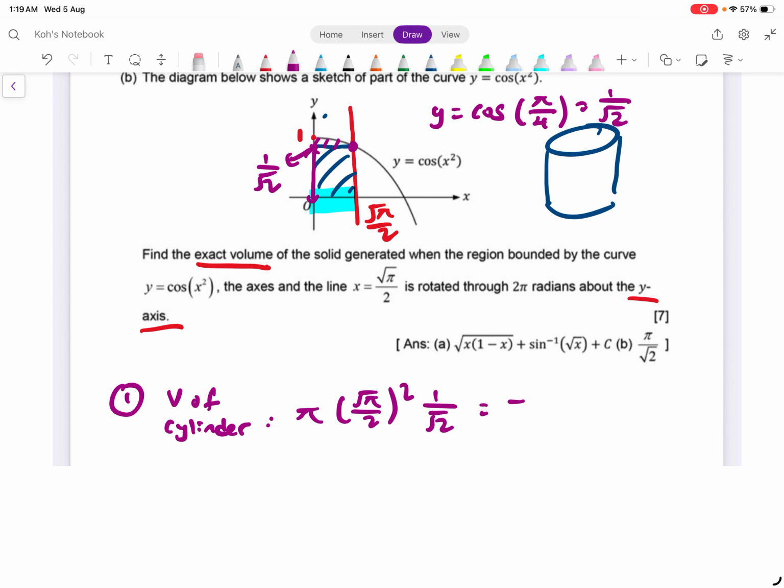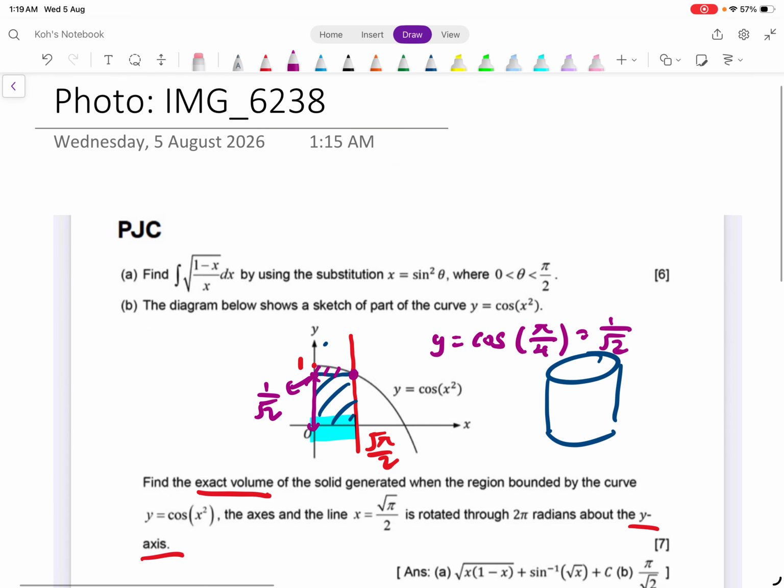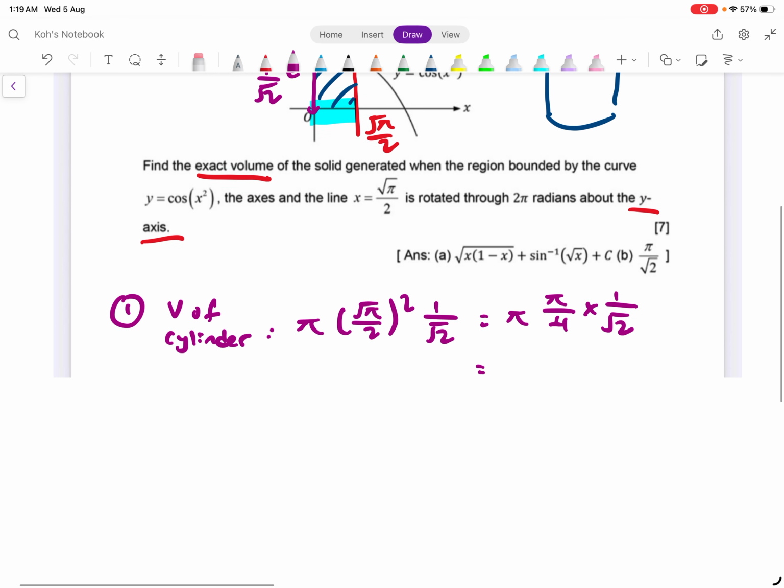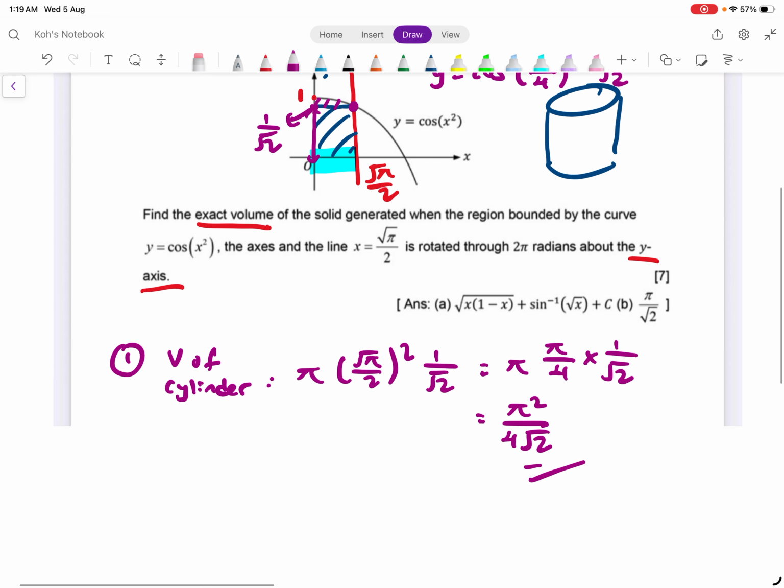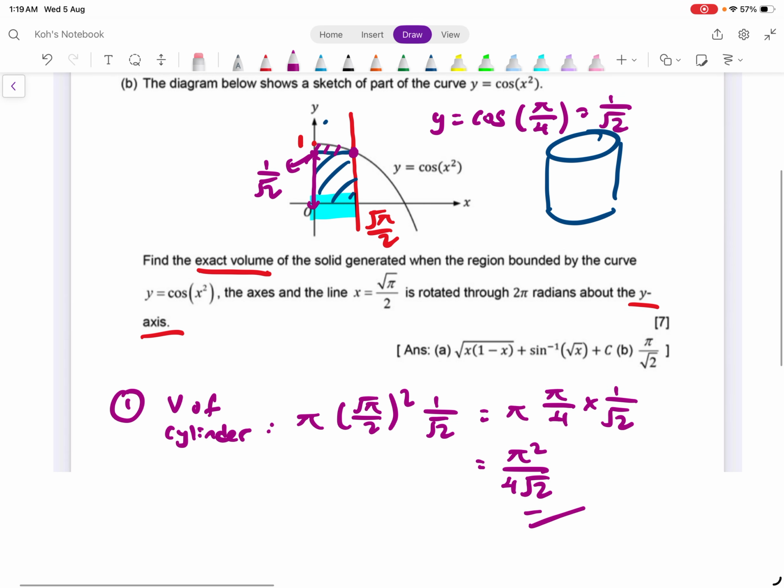So this will give you pi over 4 multiplied by 1 over root 2, which gives pi squared over 4 root 2. That will be the volume of the cylinder if you revolve around the y-axis.